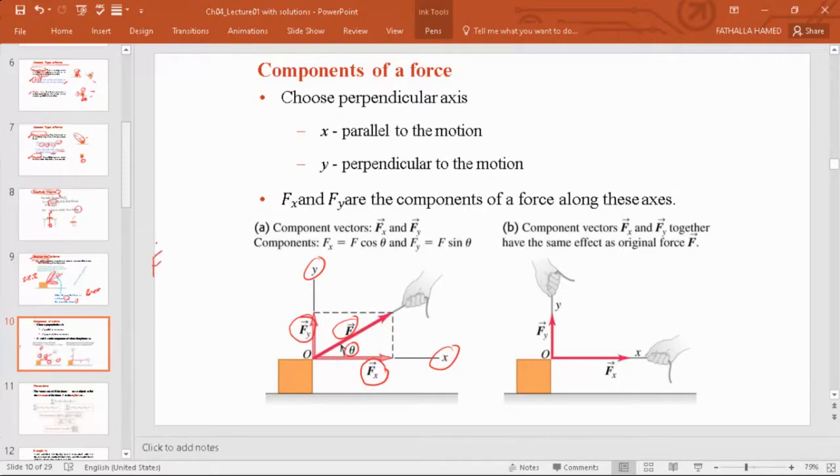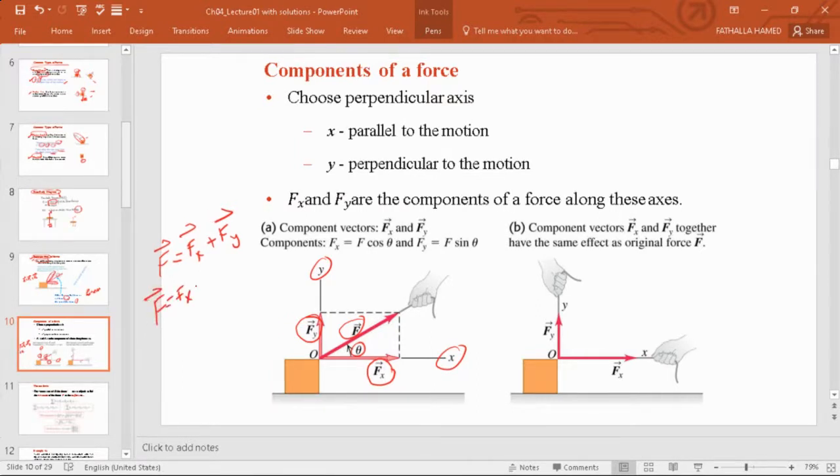So your F here, as we discussed in chapter number 1, could be the Fx plus the Fy. And as we did in chapter number 1, you can say that F here should be Fx i hat plus Fy j hat. So you're writing these in terms of the unit vectors here. And we took the vector sign from the x and the y. Now the x component, we define that as always F cosine theta, where F is the magnitude of your vector.